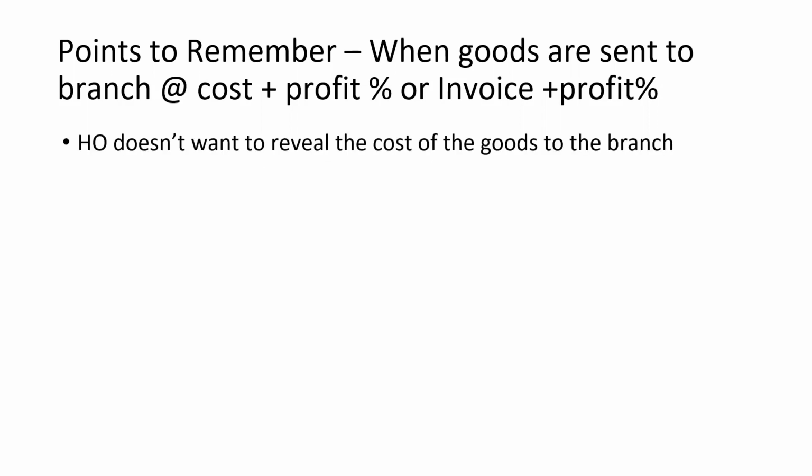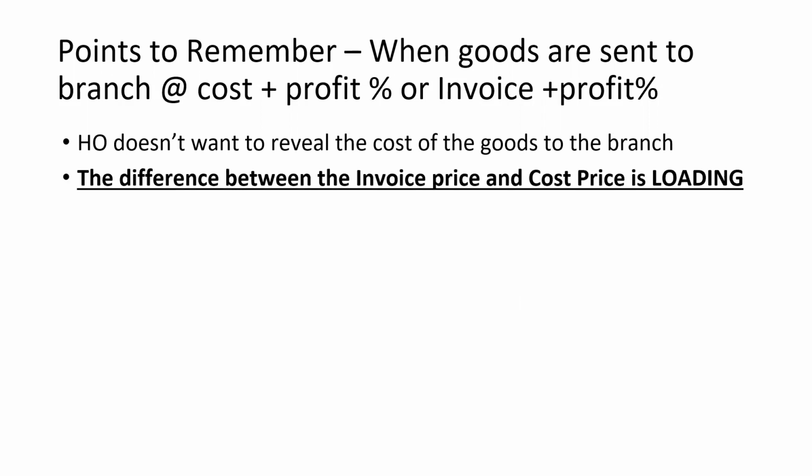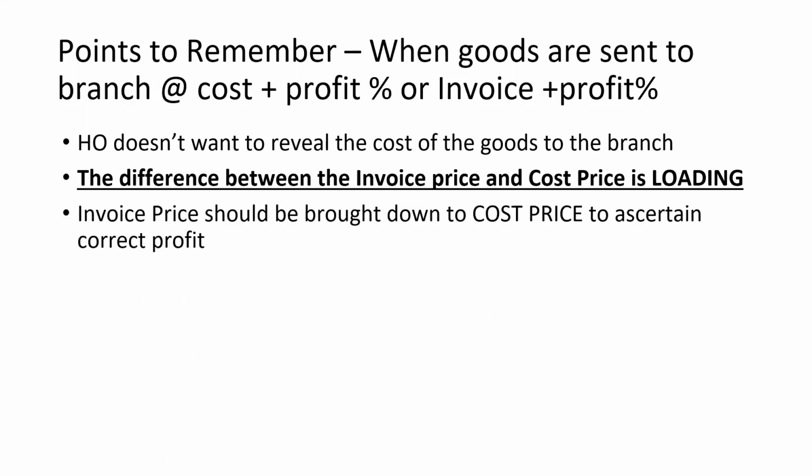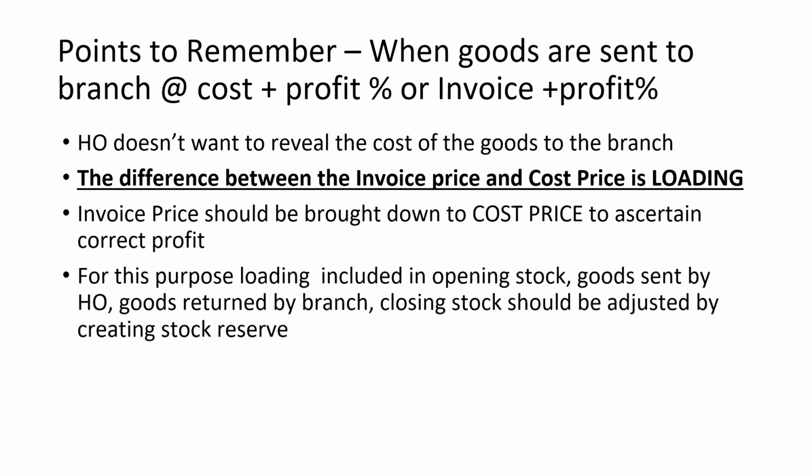So the head office doesn't want to reveal the cost of the goods to the branch. The difference between invoice price and the cost is nothing but loading. Invoice price should be brought down to the cost price to ascertain the correct profit.